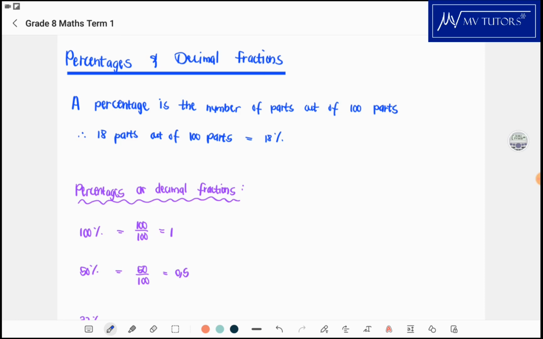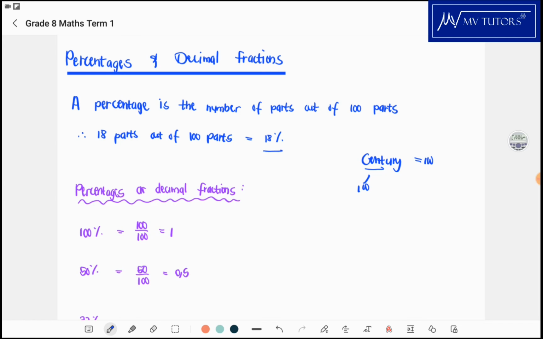In this case, we are saying so many parts out of 100. So percentage. Cent, think about century, and century is like 100 years. Cent really stands for 100. So per cent, you have however many parts per 100 parts. So that is where the percentage comes from. We have 18 parts out of 100 parts, hence that will be 18%.